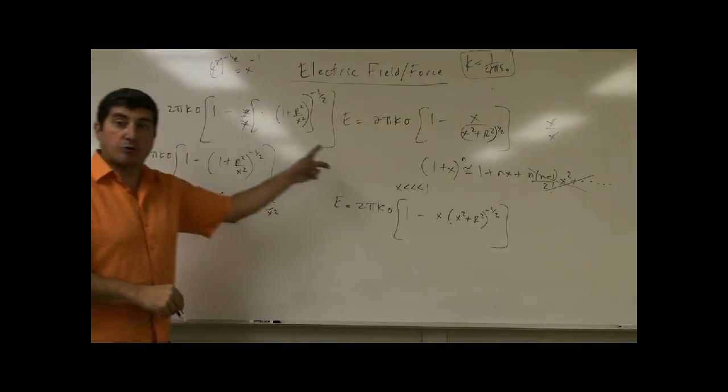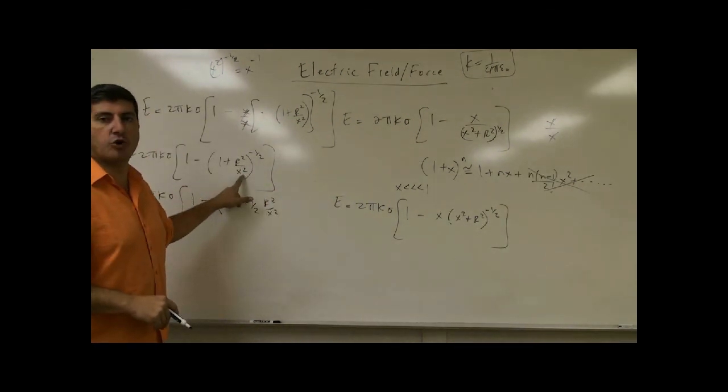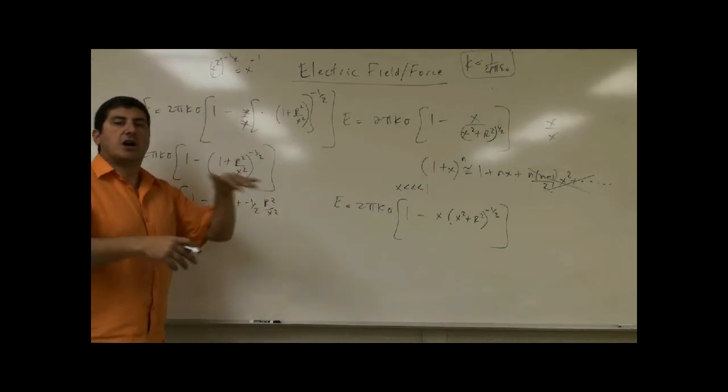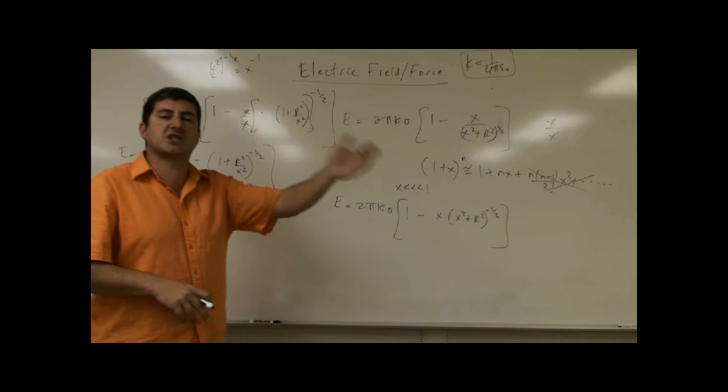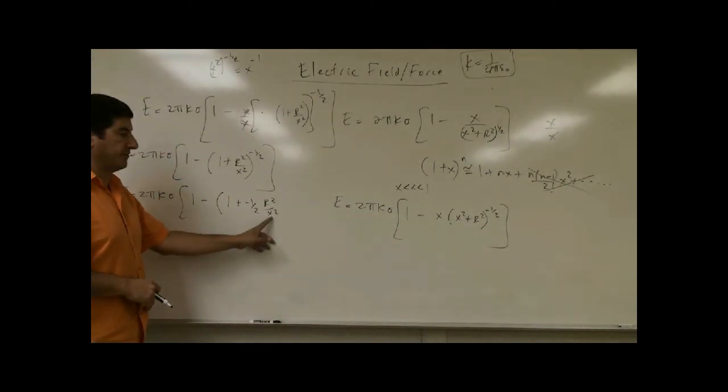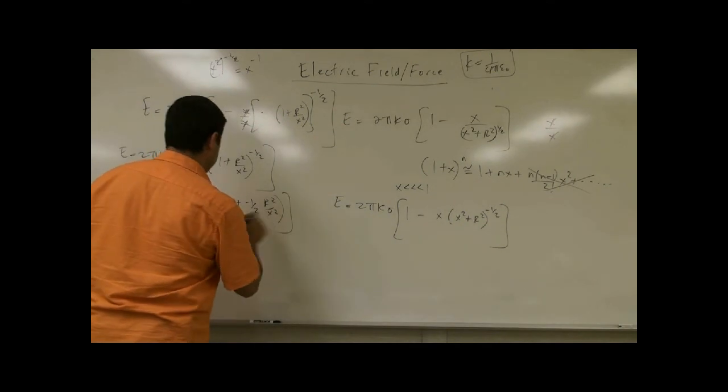Higher powers of this are going to be even smaller because x is going to infinity. So I don't need r to the fourth over x to the fourth, r to the sixth over x to the sixth, and so on, right? 1 power is enough. So I can keep it at that.